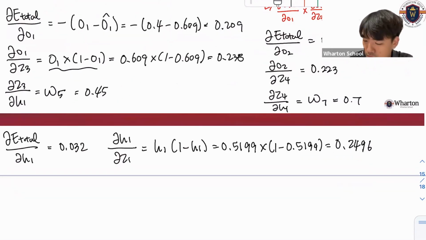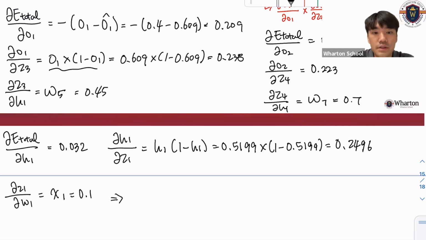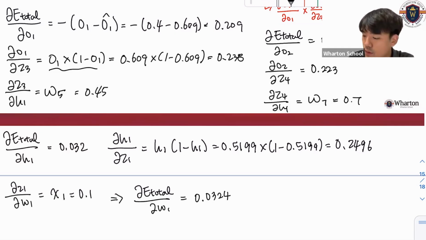Finally, the partial derivative of Z1 with respect to W1 is X1, which is 0.1. Multiplying all these together, we get the partial derivative of E total with respect to W1 as 0.0324 multiplied by 0.2496 multiplied by 0.1.